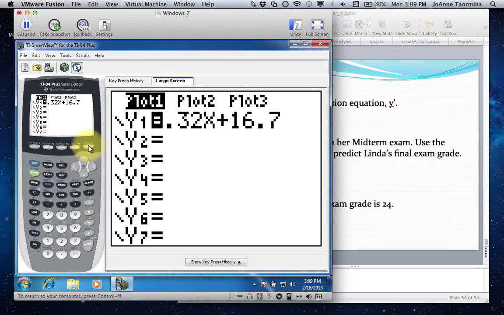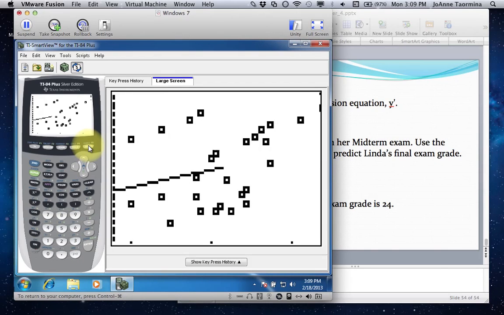Okay, we press the graph key, and there's our line going between the points. Some of the points are above and some of the points are below.